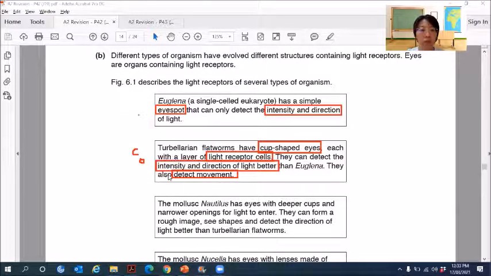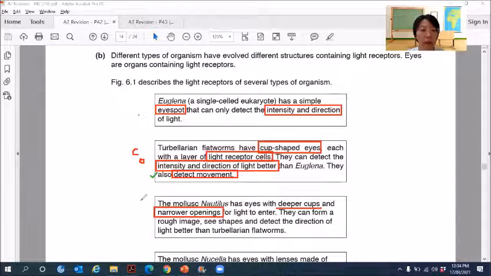Then the next, mollusk has eyes with a deeper cup. So now the cup has become deeper, and with a narrower opening. This is something new here. So I need to redraw this to make it narrower.